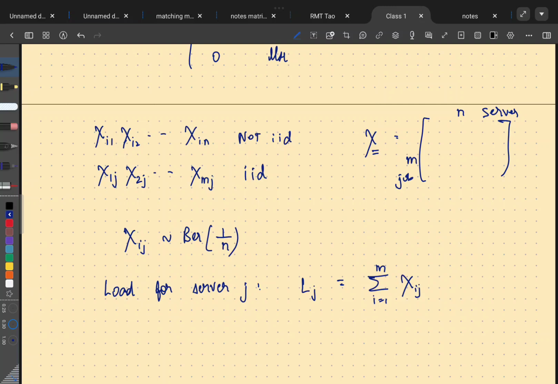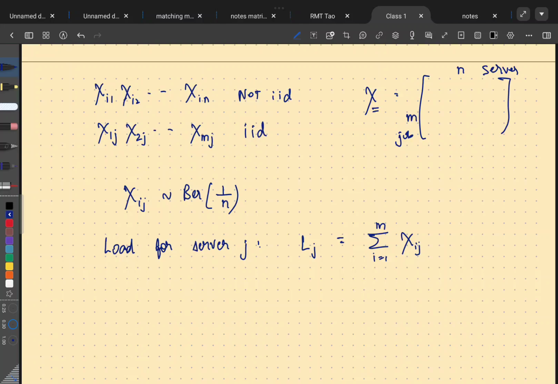This is a trick that you commonly use in many computer science and machine learning applications, where even though your actual random variables could be a bit complicated, the quantity of interest can sometimes be written as a sum of IID Bernoulli random variables, depending on what event you want to look at. So the load for server j is just a sum of IID Bernoulli random variables.